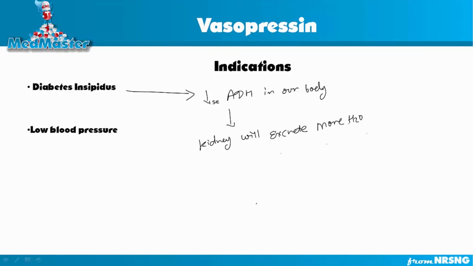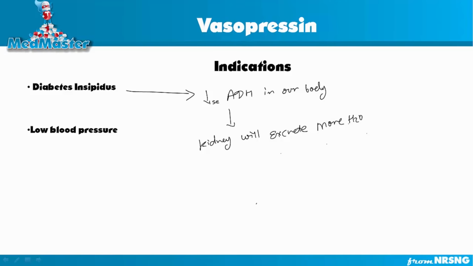There are two types of diabetes insipidus, we'll talk about that in a bit. So when there's a problem with ADH, the kidney won't be able to reabsorb more water, and it will excrete it through the urine, and basically that's diabetes insipidus.